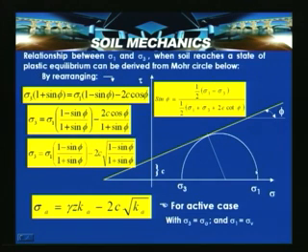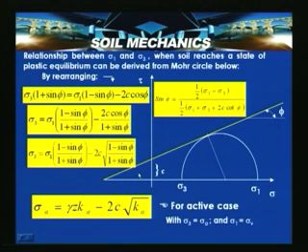A tau-sigma plot is shown here, where phi is the friction angle, sigma 3 is the minor principal stress, sigma 1 is the major principal stress, and the intercept is indicated by cohesion c.